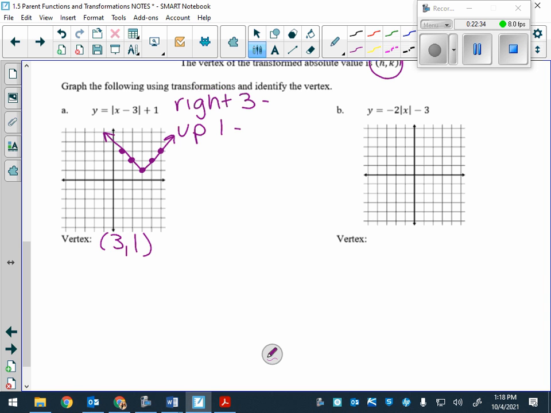Yes? So that slope essentially comes from that value of 1. Yep, the A value. A value is 1, so that's your slope. Okay. In B, what is my vertex? Blake?